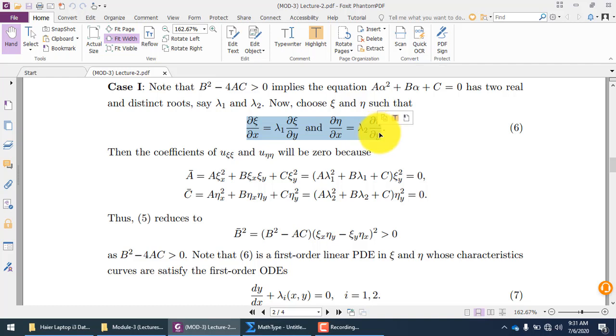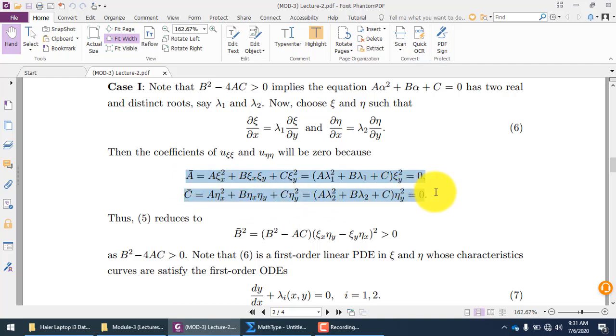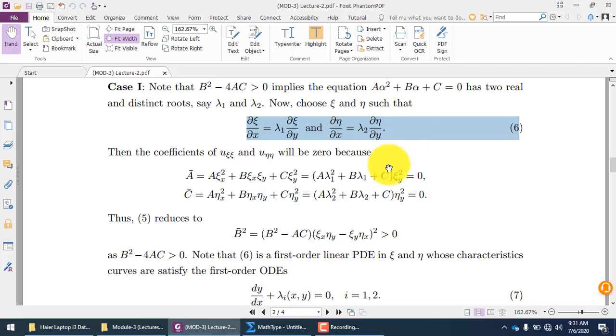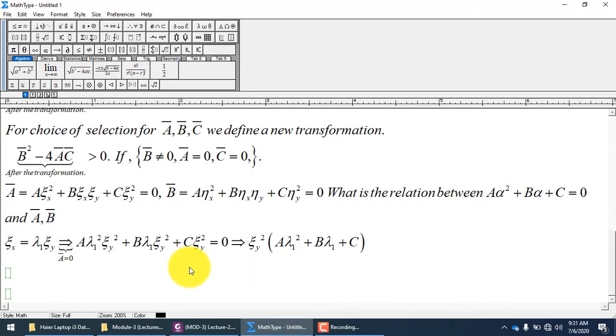How can you select? This is one way. What does that way do? That way actually makes ODEs of xi x and eta x. And again similar to that, if you take eta x equal to lambda 1 eta y, that equation says that B bar is equal to 0, similar to that.